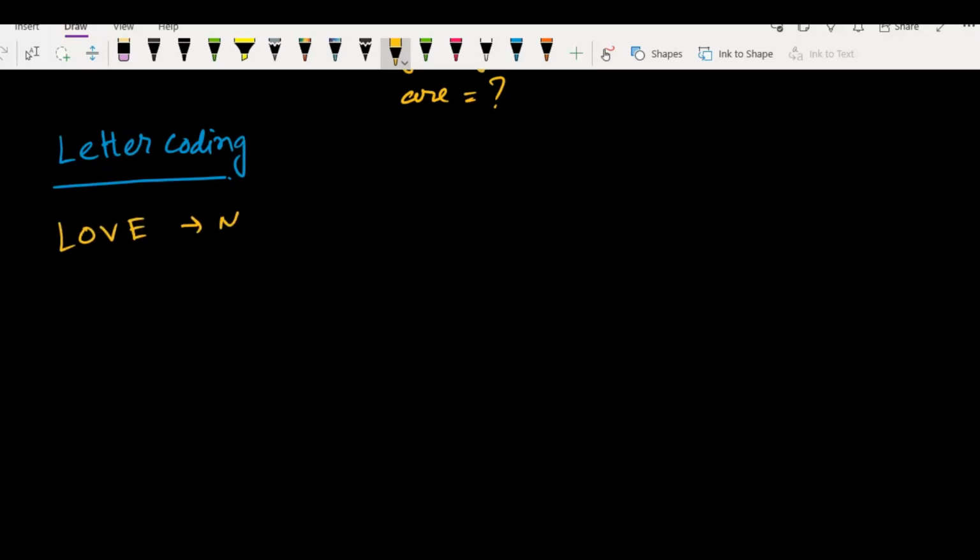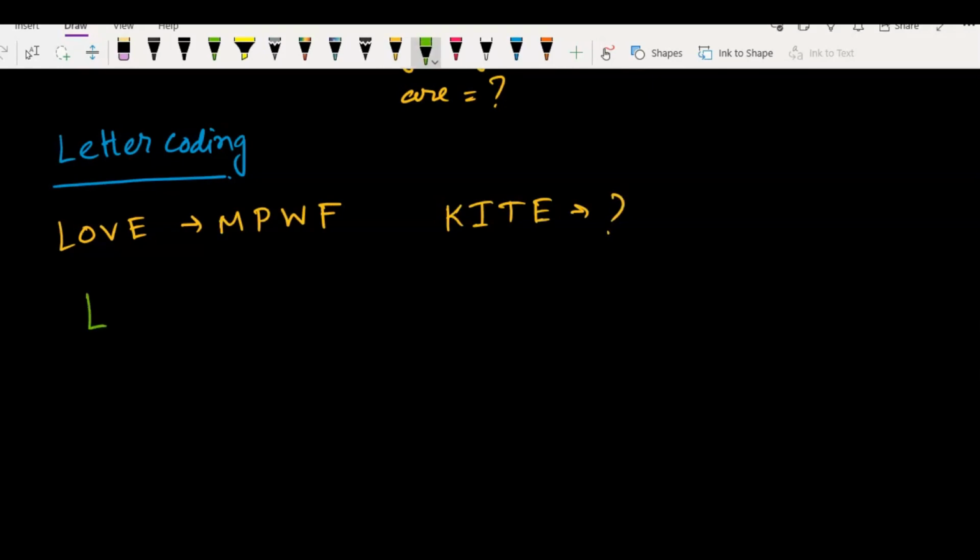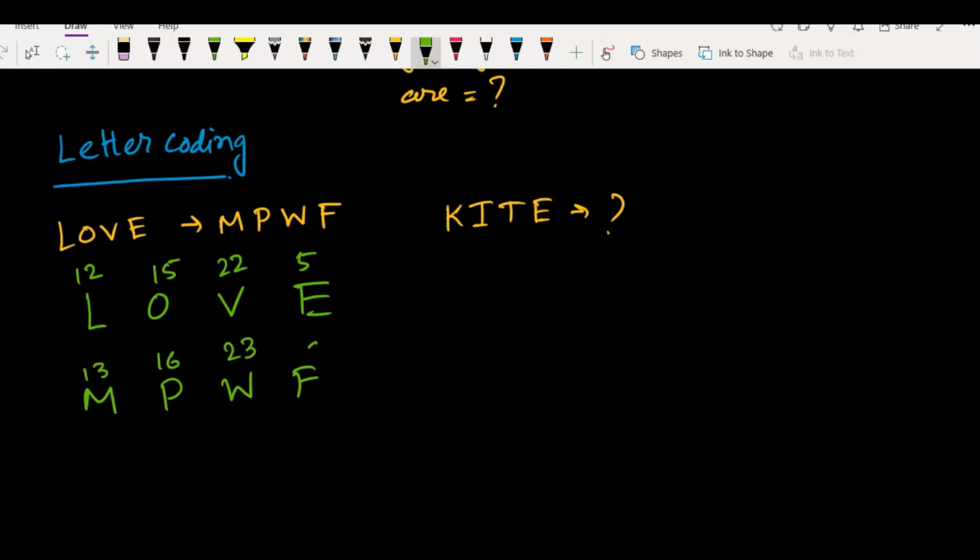LOVE is coded as MPWF. Then what is the code for KITE? Here find the logic. We have LOVE. So L is 12, O is 15, V is 22 and E is 5. And it goes to MPWF. Here M is 13, P is 16, W is 23 and F is 6.